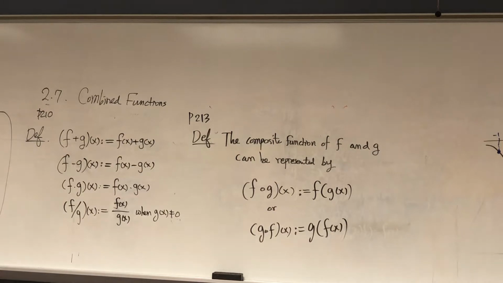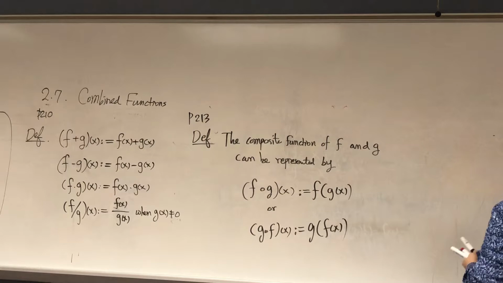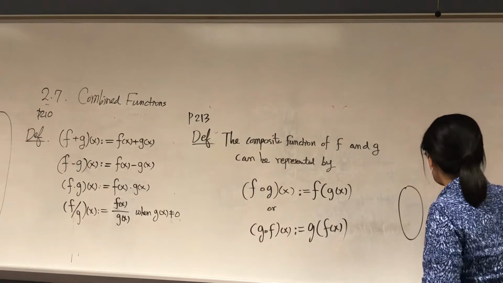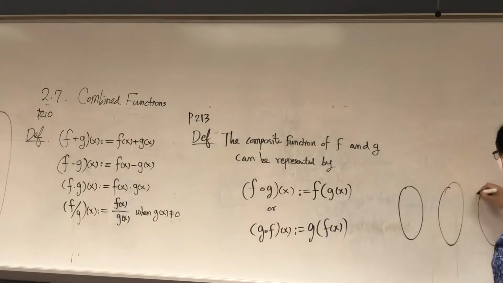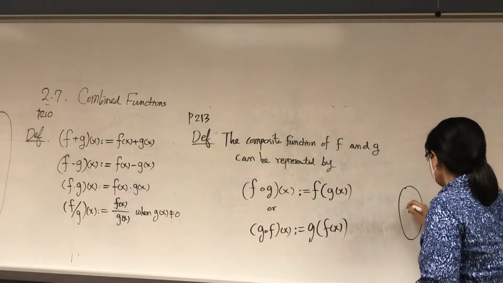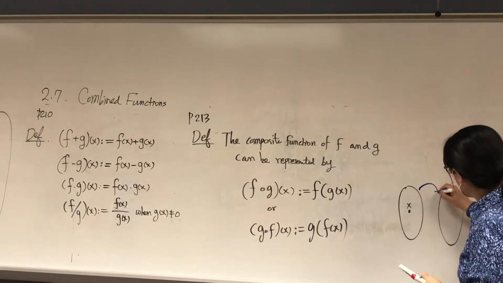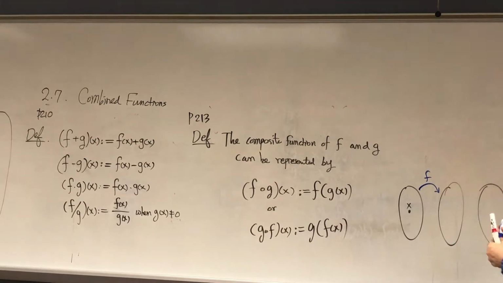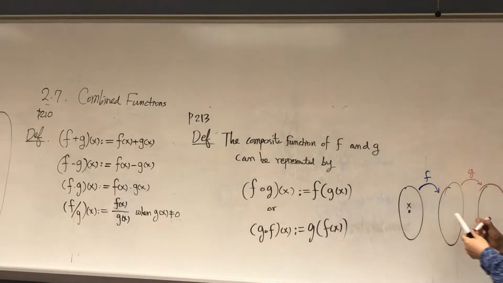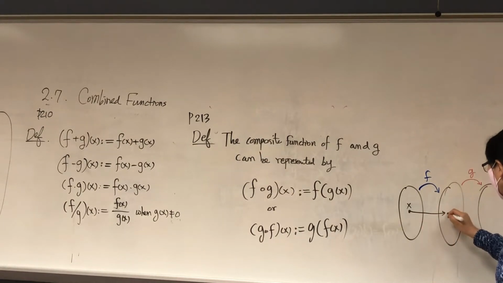What do they actually mean? If we understand with the diagram, this means a two-step function. Here, I'm starting with x, and my first function applied is f, and my second function applied is g. From x, apply f, and it becomes f of x.